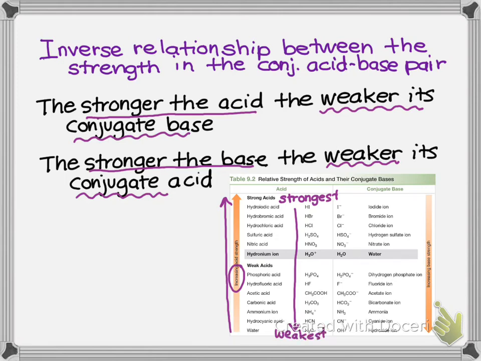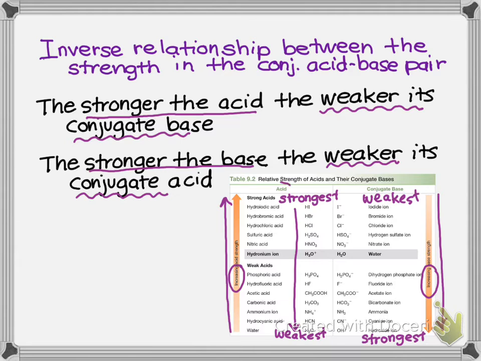And if you look on the other side of the chart, the arrow is pointing down, and it says increasing, which means here we have the strongest, and up here we have the weakest. So this is just a table that helps illustrate what this page was saying.